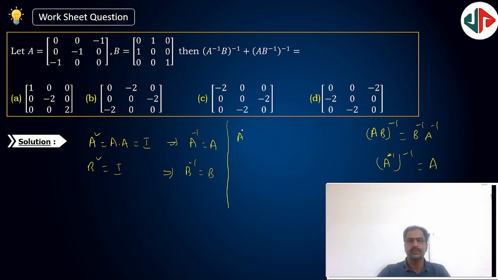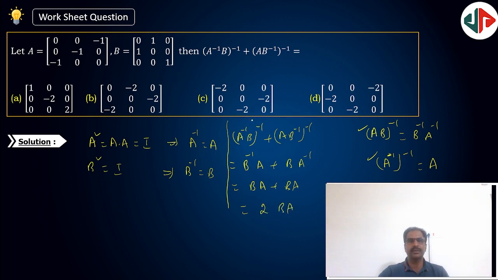Now A inverse B whole inverse plus AB inverse whole inverse, let us apply these two properties. So this is B inverse into A inverse whole inverse, which is A. This is B inverse whole inverse, B into A inverse. And we came to know that B inverse is nothing but B and A inverse is nothing but A. So this is nothing but 2 times BA.